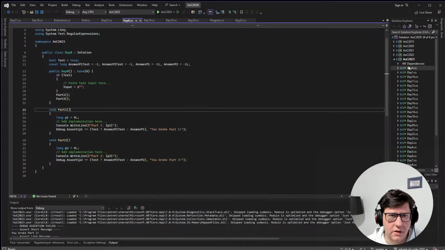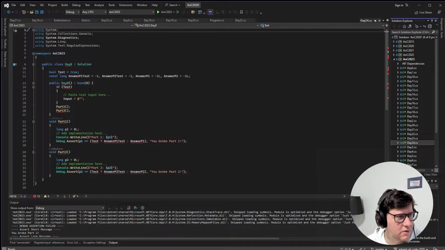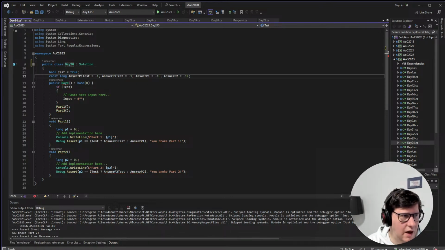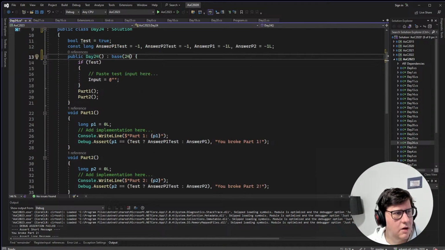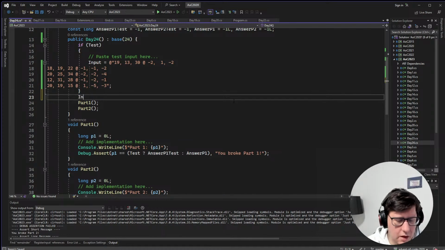Let's clone day 0 and make it into day 24. It's a fun problem, but I don't see the difficulty yet, but that might happen soon. Let's make everything bigger. Our test input is this. So input dot two lines like this.